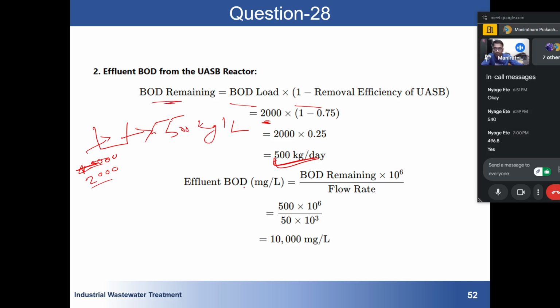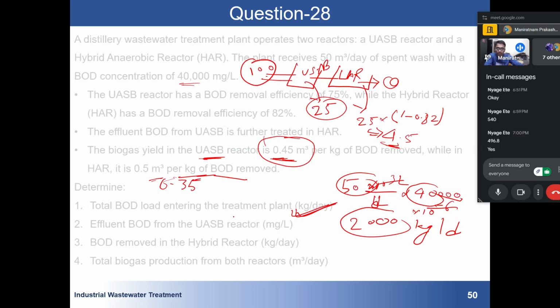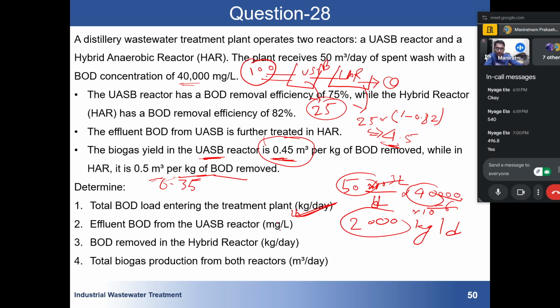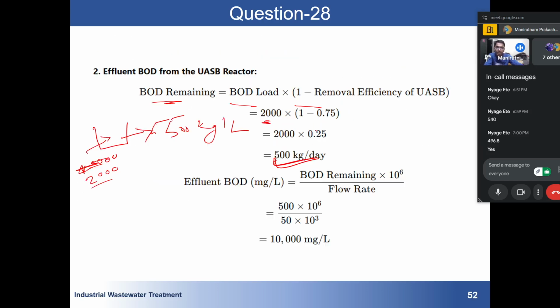Now again you have to convert into milligram per liter, as they have asked. As we know that the flow will be the same, we will divide by the flow rate.